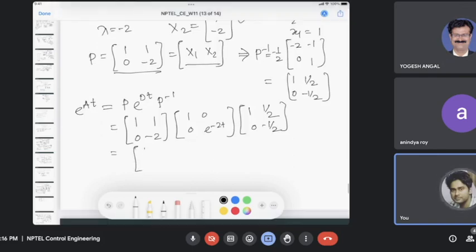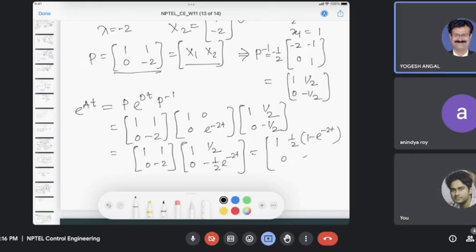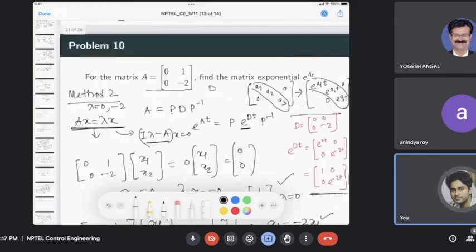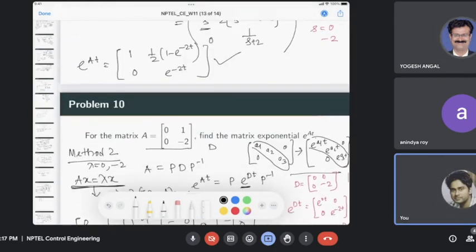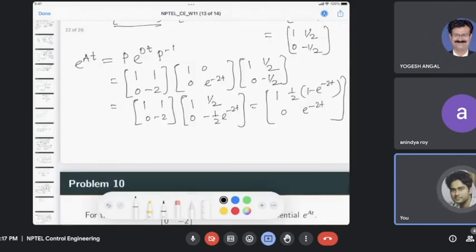Multiplying, it will be equal to 1, half times 1 minus e to the power minus 2t, 0, e to the power minus 2t. Okay, so this is exactly what we obtained in the first case also. Yes, this is exactly equal to this one.